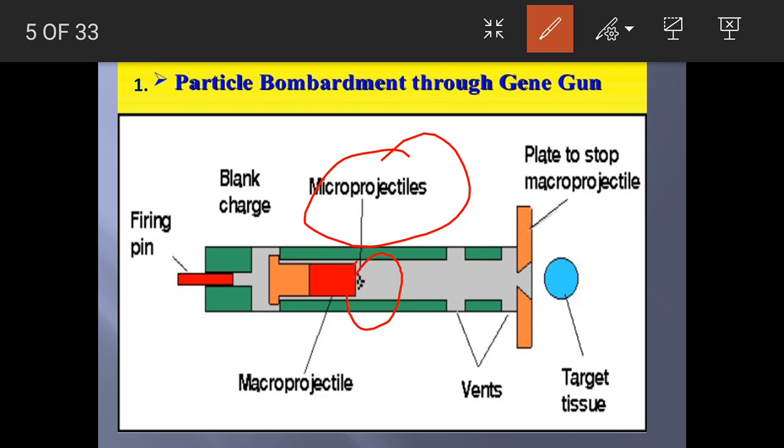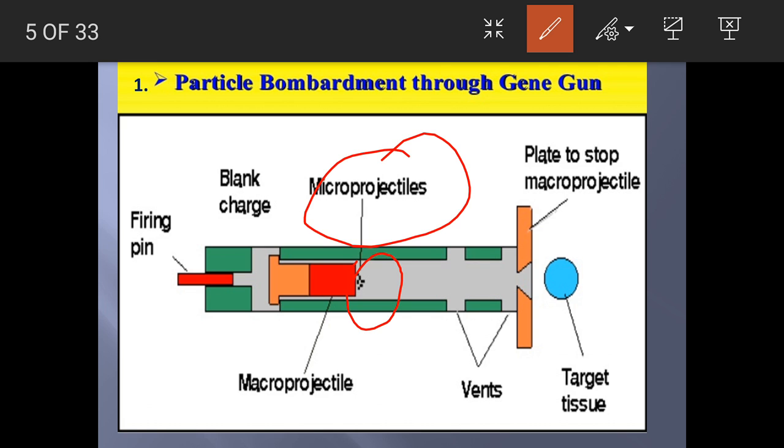We coat the tungsten or gold particles, which we call the microcarriers, and these are inserted in the gene gun.